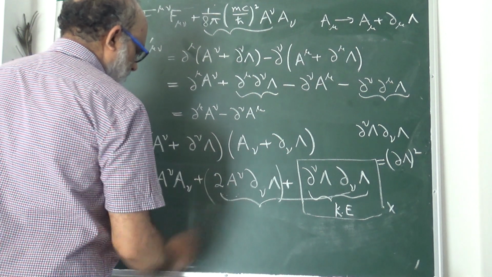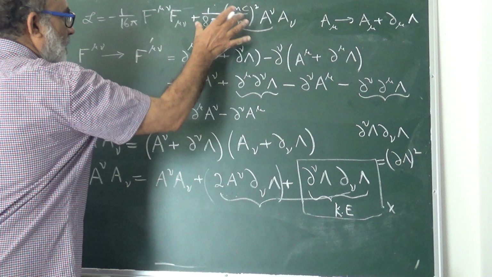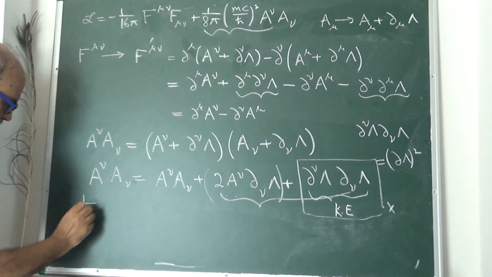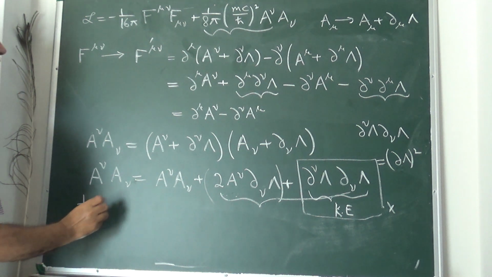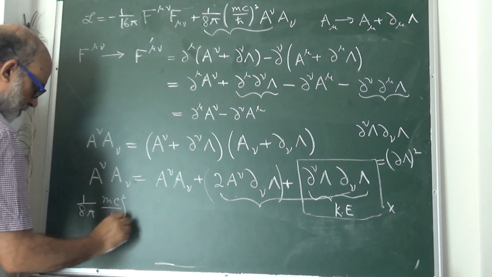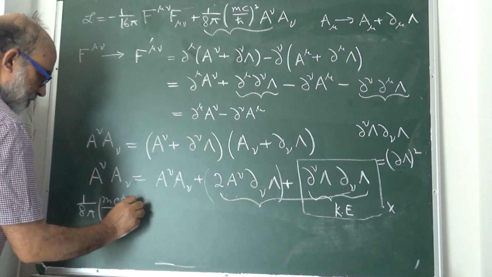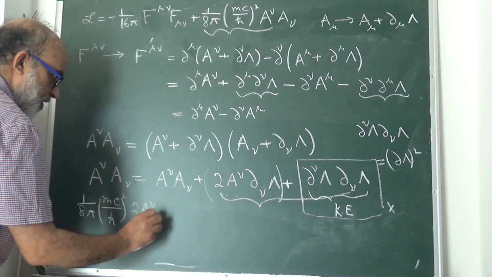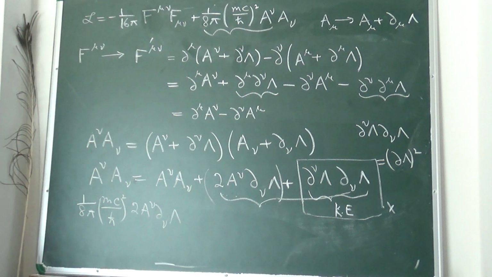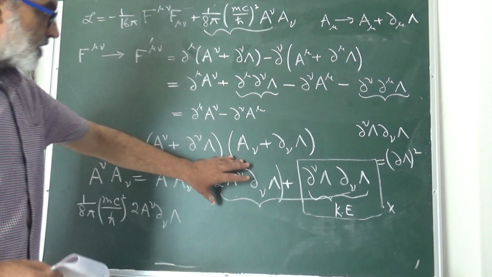So if you substitute this A nu here, you have this part, 1 by 8 pi m c by h cross squared, 2 times A nu del nu lambda. I am considering only this part.